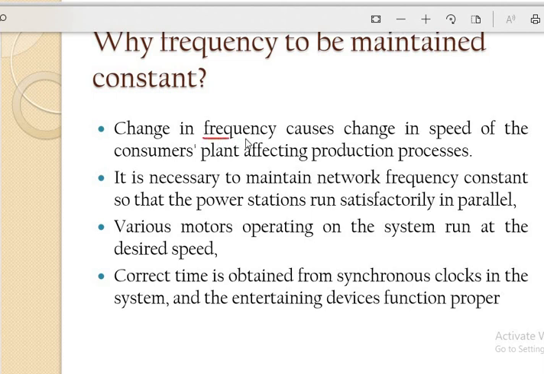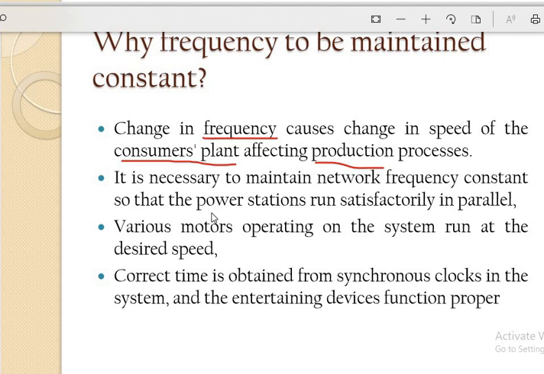If ever there is a change in frequency, our consumers' equipment, most of which is designed for a particular frequency of 50 hertz, will be affected. If the frequency changes from 50 hertz, it will affect our plant equipment and ultimately the production process. Similarly, for parallel operation, frequency must be maintained constant.